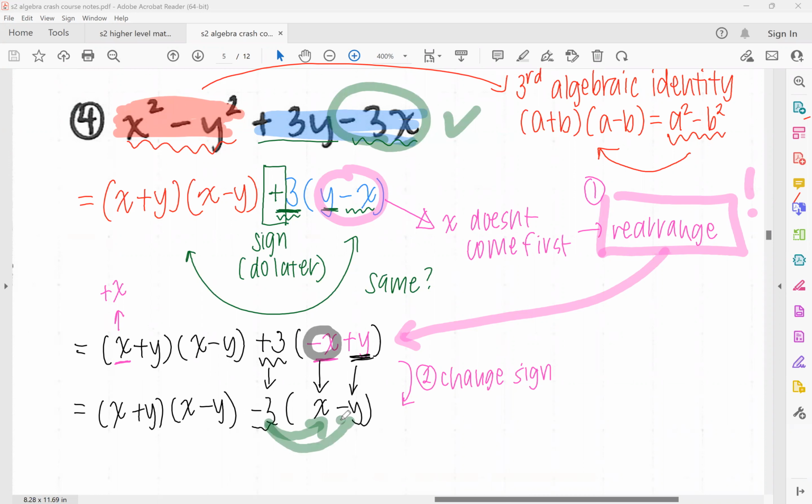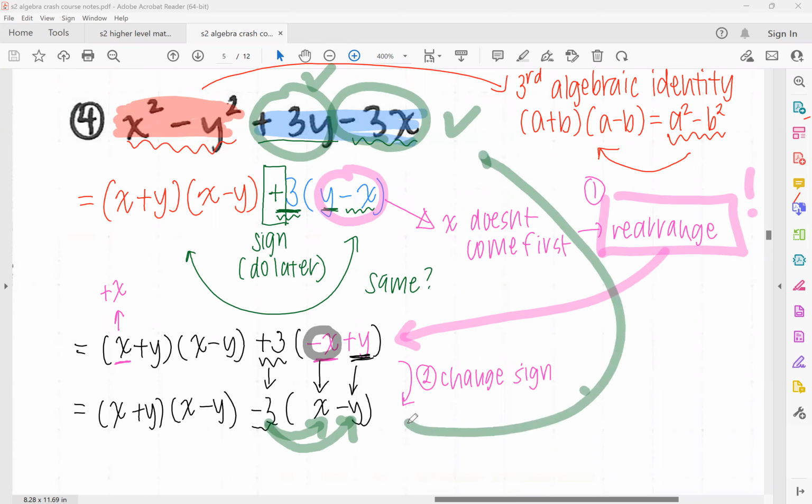Negative 3 times negative Y gives me positive 3Y. Isn't it correct? I know I'm on the right track. Check back. Clear so far? So this is how you always do a check back to make sure you're on the right track. Okay? Now y'all can copy everything you see on the screen before I move on to the next step.